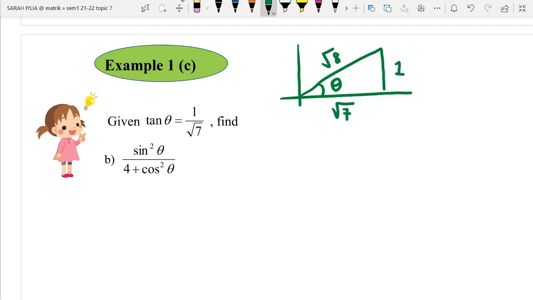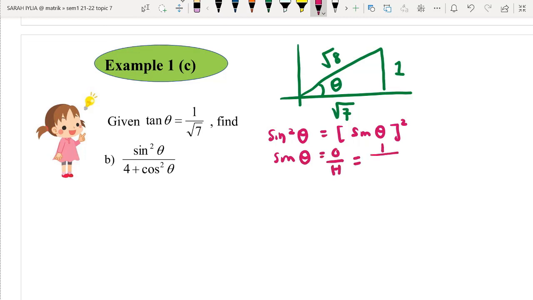Okay, so from here, sama je konsep macam tadi. Remember, sine squared theta is basically equal to sine theta squared. So, sine theta is opposite over hypotenuse. So, from here, we get 1/root 8.